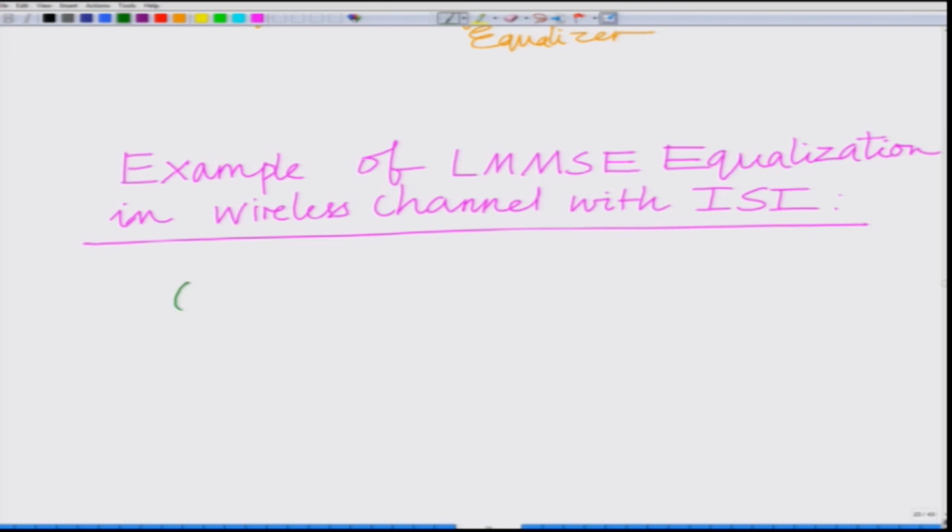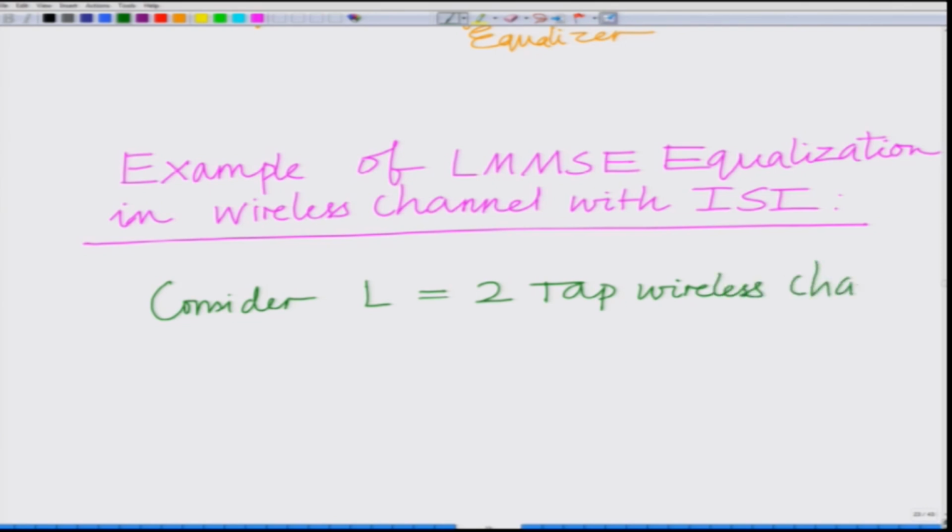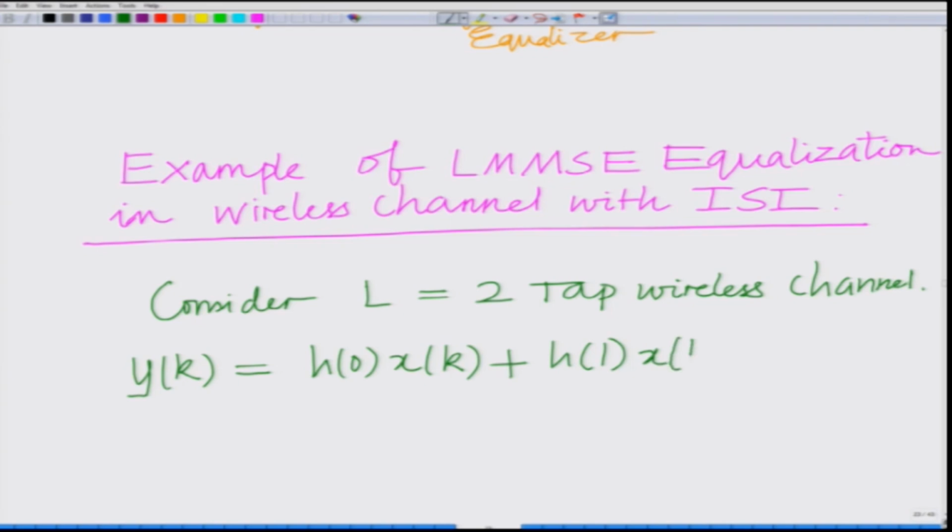Let us consider again, similarly, an L equal to 2 tap wireless channel with Yk equals H0 xk plus H1 xk minus 1 plus Vk.